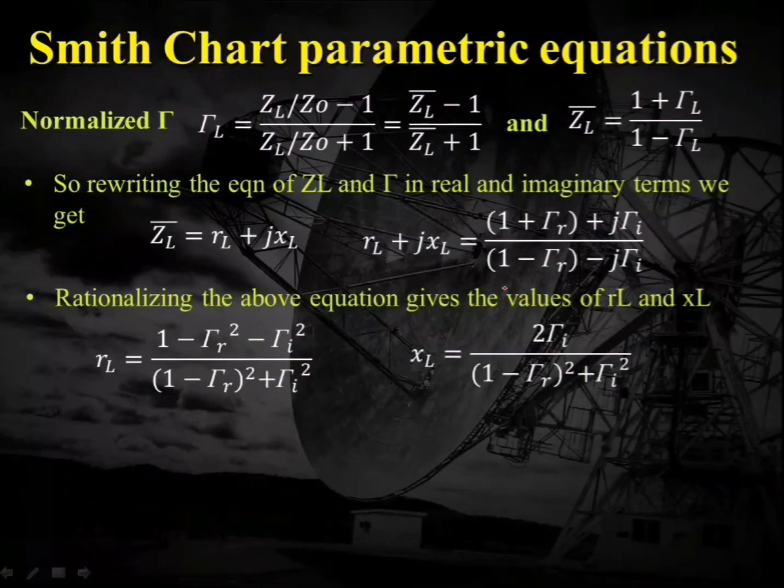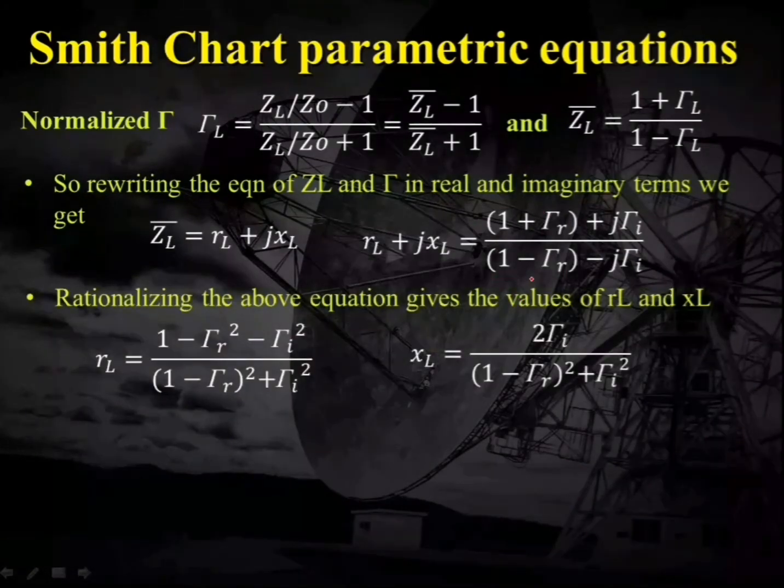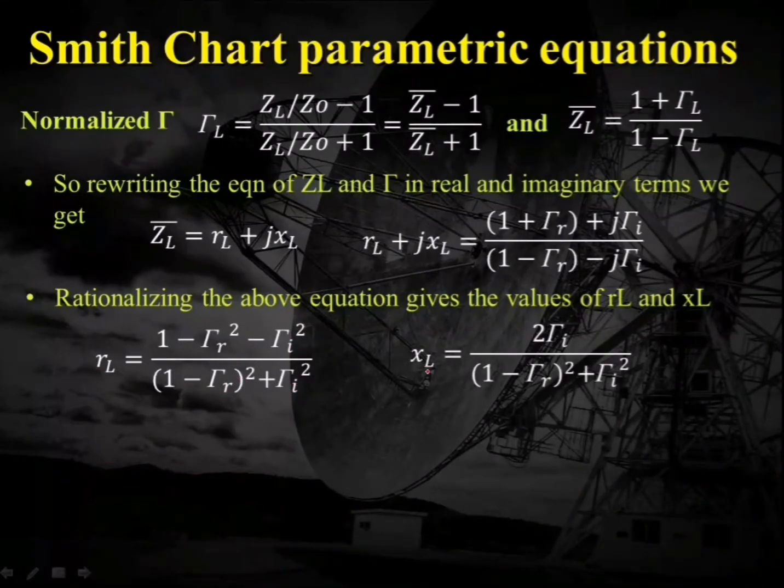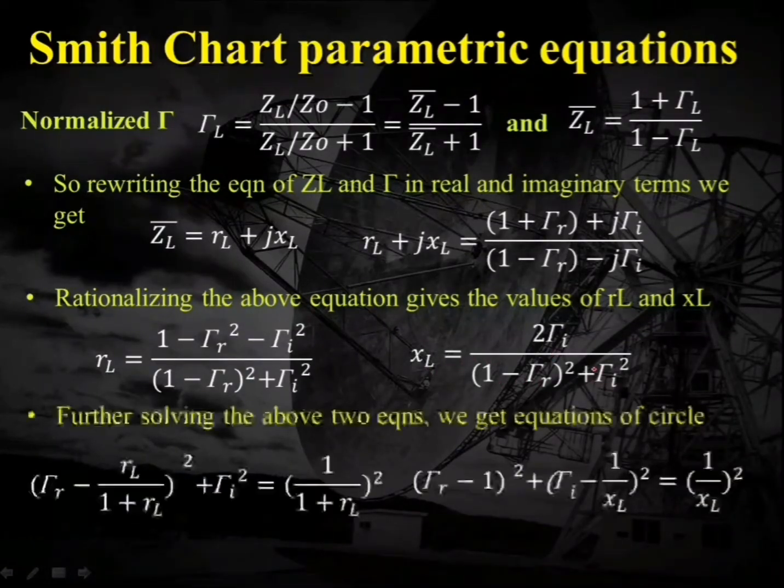Now rationalizing this term, I will obtain the values of RL and XL. RL will be (1 minus tau R square minus tau I square) divided by ((1 minus tau R) whole square plus tau I square), and similarly XL will be equal to twice tau I upon ((1 minus tau R) whole square plus tau I whole square).